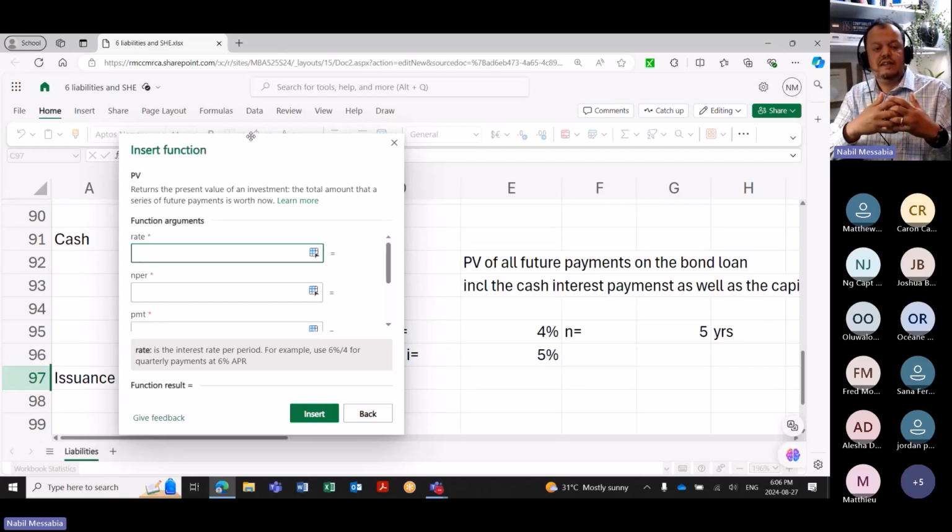The rate we have to put here is the rate that will bring the future payment to the present. That rate is determined by the market, not by you as a company. The discount rate, which is dedicated to bring a future amount to the present, is not determined by the company.